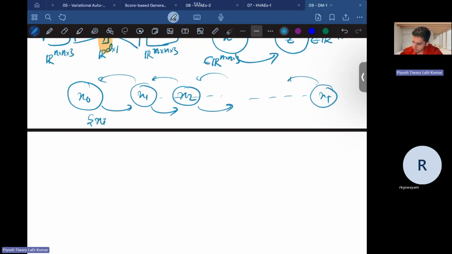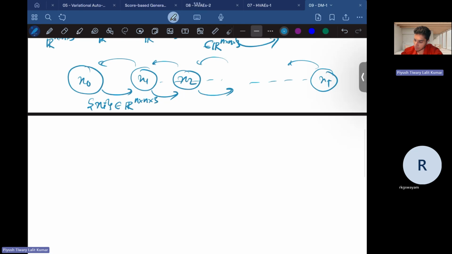All these xi's belong to the same space, for example R n cross n cross 3 if it is an image, the same for x naught, x1, x2, all of them. So if x naught is an image, x1 is again an image, but maybe a noisy version of it. X2 is again an image, but even noisier than x1, and so on and so forth. Does that make sense?